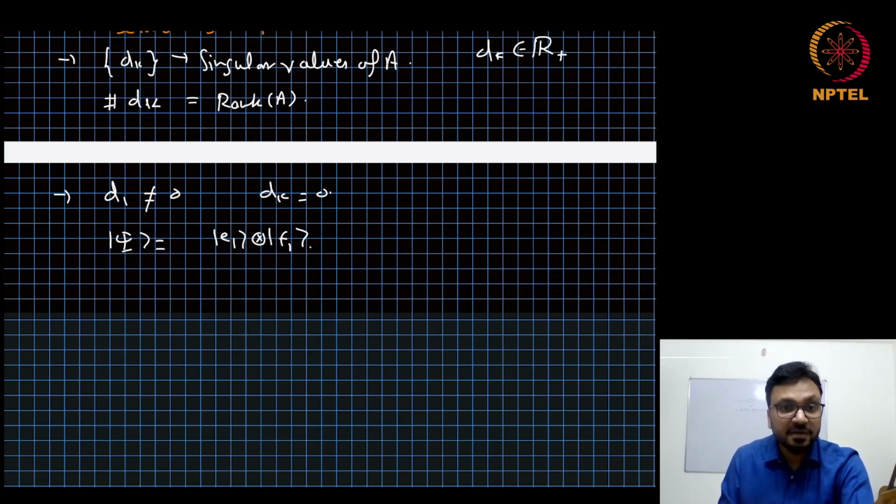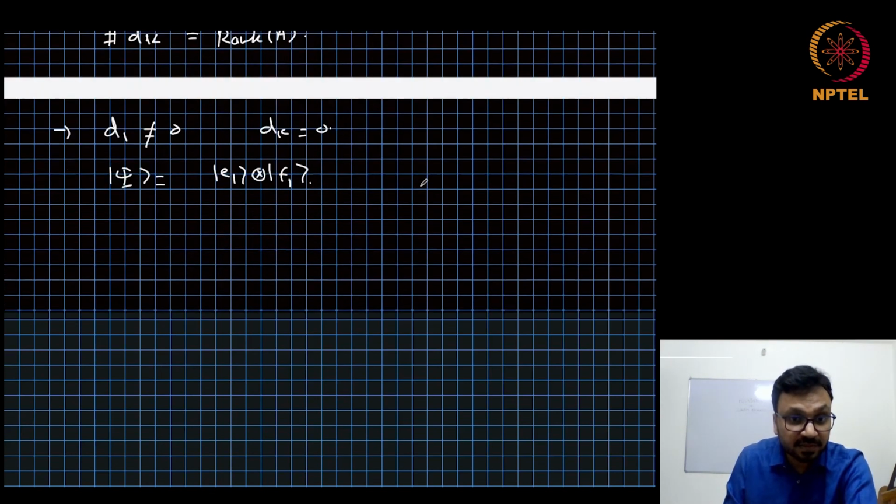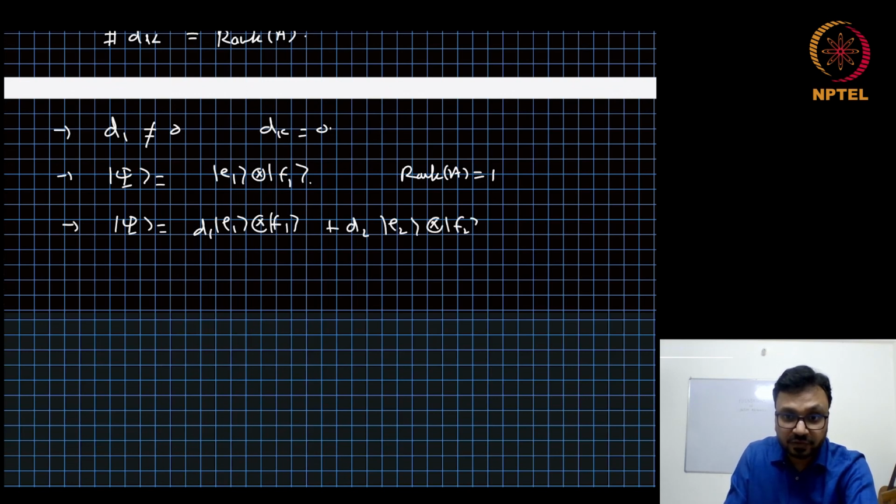But if we have more than one dk non-zero, then the state psi cannot be written in this form. That was the case when the rank of A is 1. When the rank of A is not 1, then psi will be at least D1 E1 tensor F1 plus D2 E2 F2 and other terms.